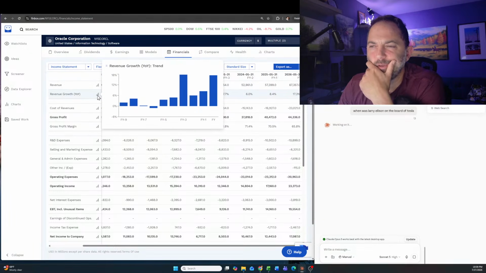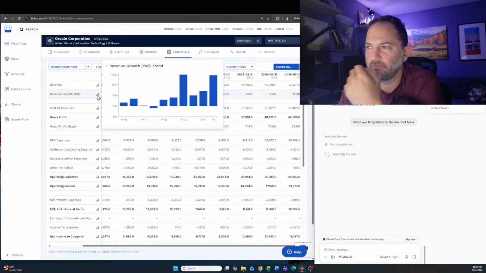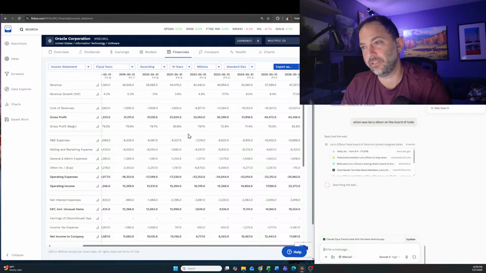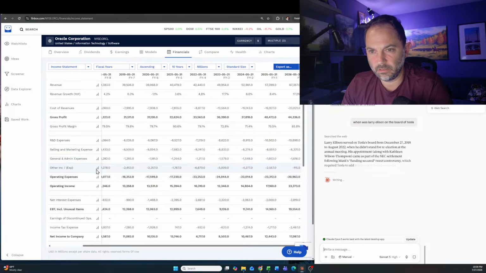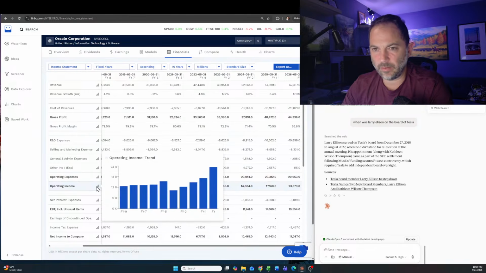The growth rate has picked up on this business, and I'm wondering if he's gleaning ideas on how to run a software company better, because he's up there in years, and he might need to pivot a little bit. Gross profit, operating. Here's your operating, and look at the spike in operating income. The last 5 years have had a nice upward momentum.